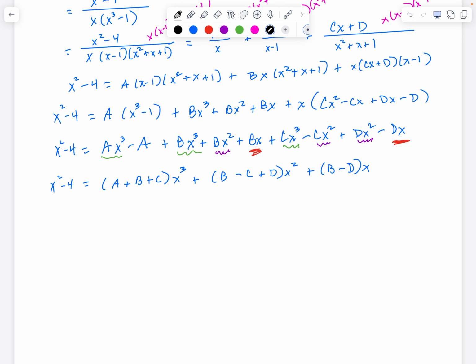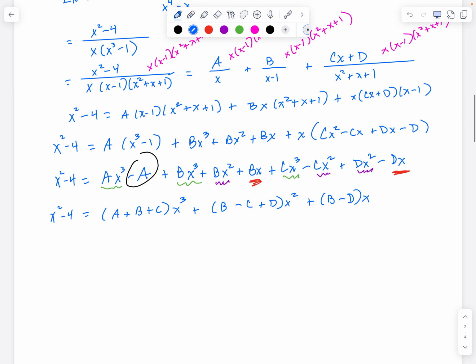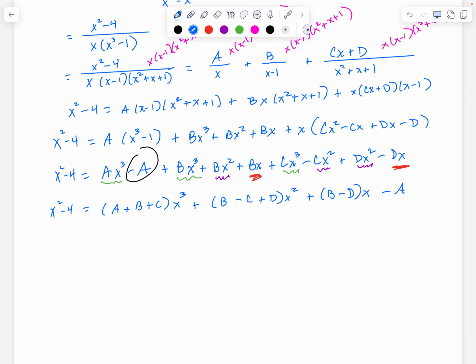So if I call this 3 and this 4, I'm going to substitute equation 4 into equation 1, and I'm going to substitute b equaling d into equation 2.